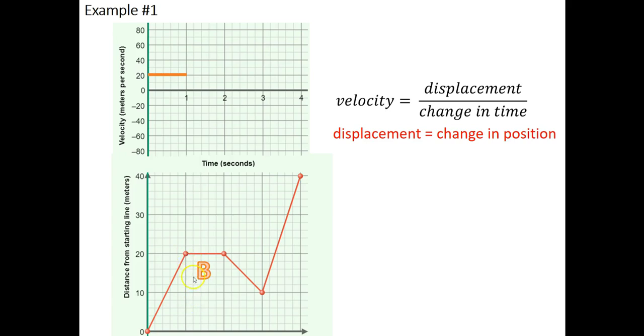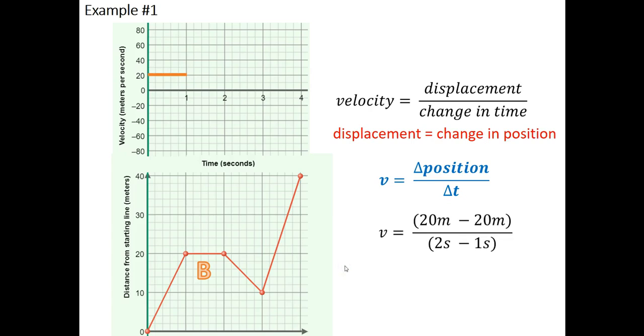B. Again, we're looking at the change in position divided by the change in time. So at the end of our segment here, 20 meters minus 20 meters, which is where we started. Our change in time, 2 seconds minus 1 second.